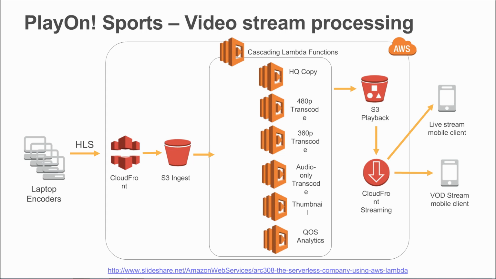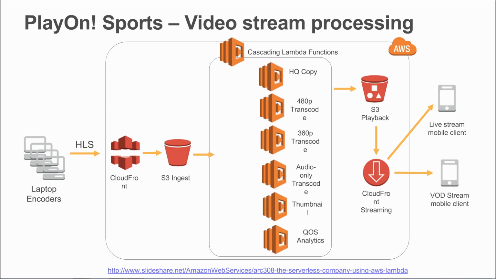So think about aunt and uncle, grandma, grandpa who want to watch a high school football game, but they're not able to attend in person. This is a company and an application that allows that to happen through someone attending the game and streaming that live via this laptop encoder device.